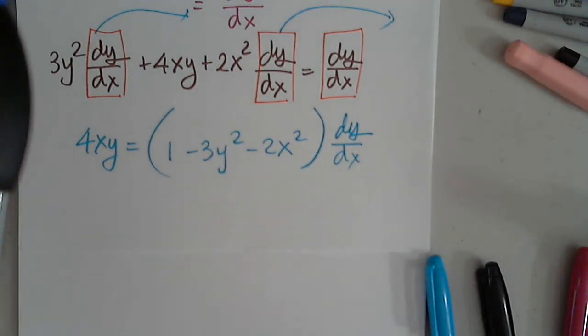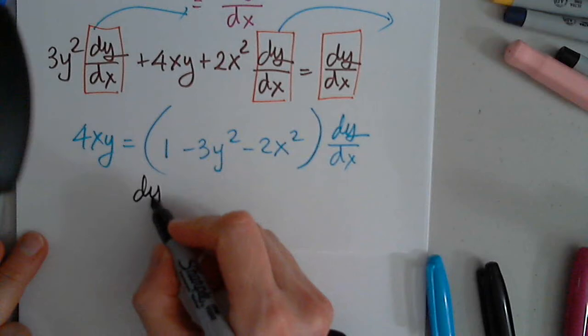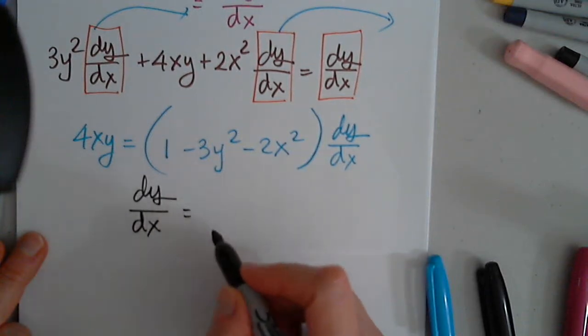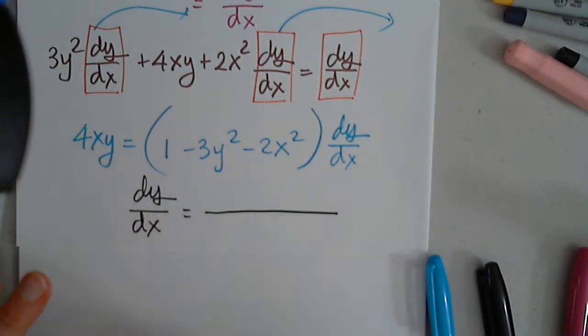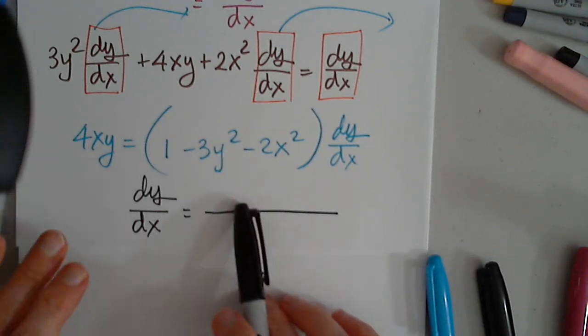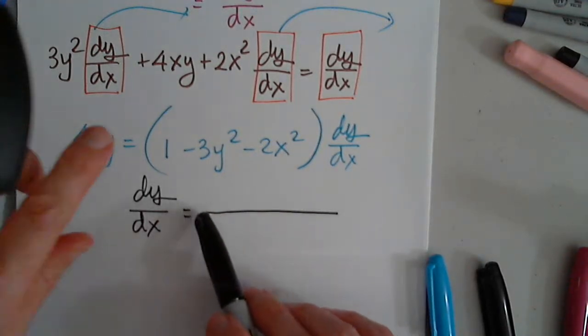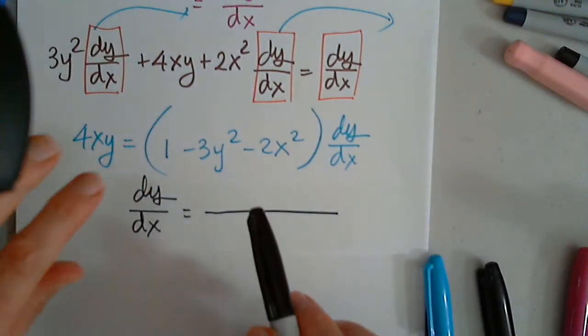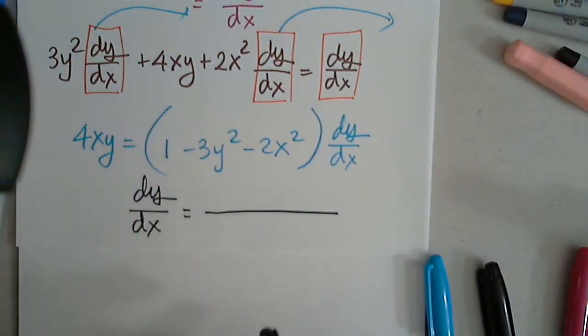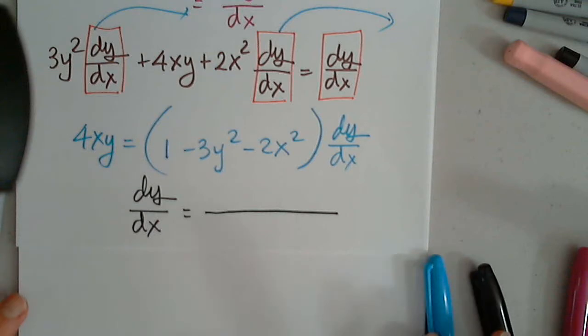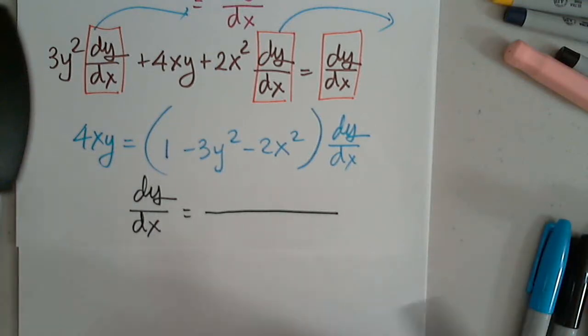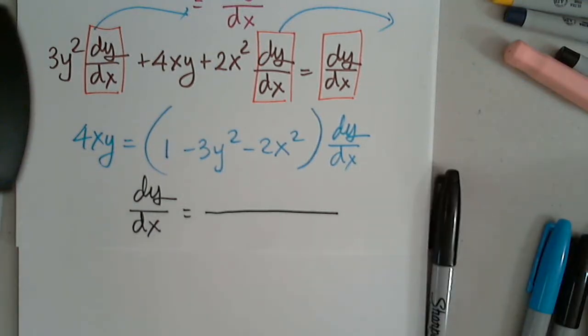True. But it's a great accomplishment because we will be able to determine values. If we are given x and y, we will be able to determine dy over dx, which is a huge result for us.